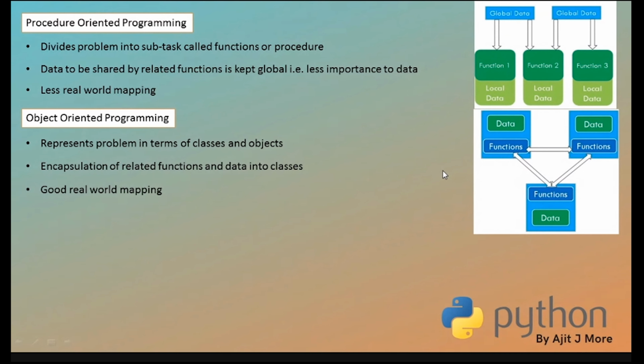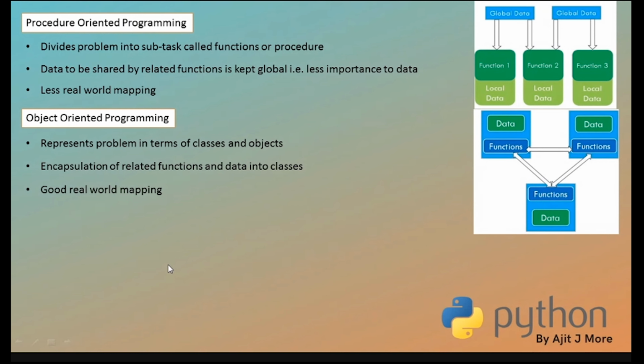Get it? So now we are supposed to see how both paradigms are there in Python, which we have seen in the first session, in the first chapter, features of Python. In that we mentioned that Python is a multi-paradigm language. That is, it supports different programming methodologies.